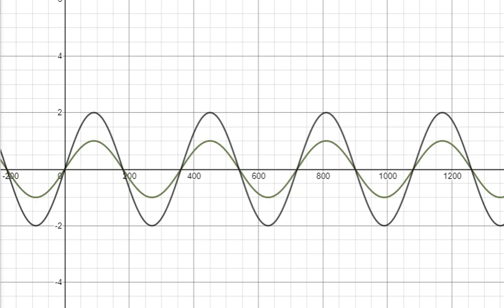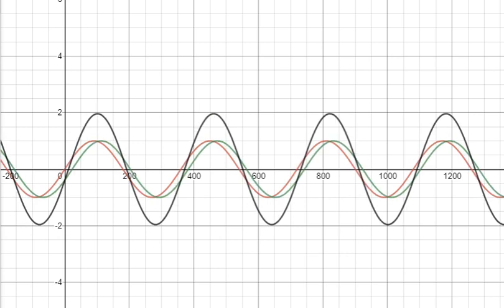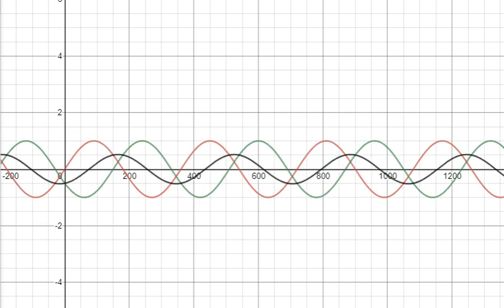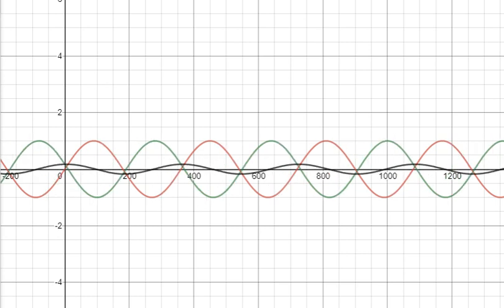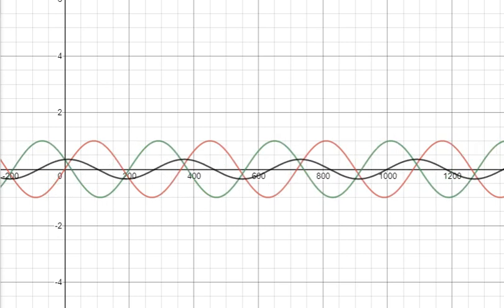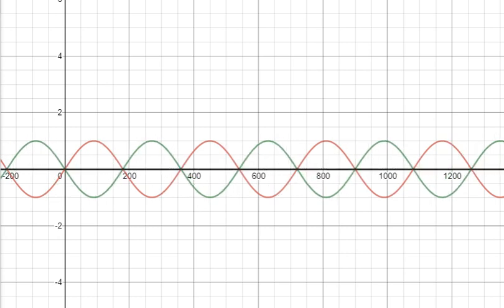As I move another half wave forward, now I have completed one complete wave. Previously, when they were in sync, moving one wave forward gave constructive interference, and now moving one wave forward gives destructive interference. Whereas when I moved half wave forward, I had constructive interference.